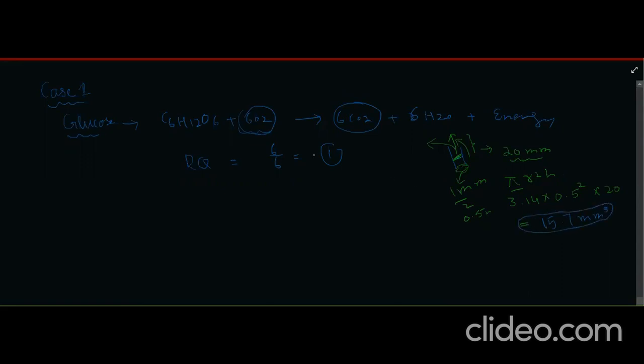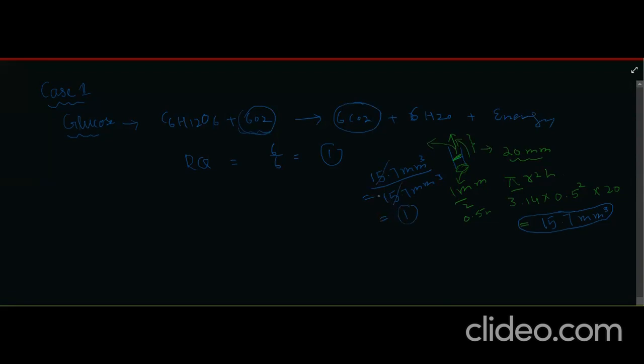So if we are performing our experiment, if the substrate is glucose, and the drop moves 20, it means that 15.7 cubic millimeters of oxygen was utilized. So it means that 15.7 cubic millimeters of carbon dioxide was produced, right? So the RQ value for that will be 1.